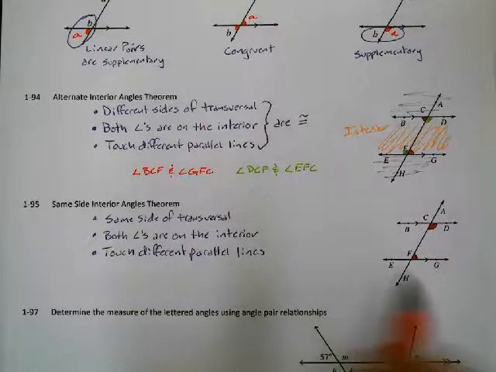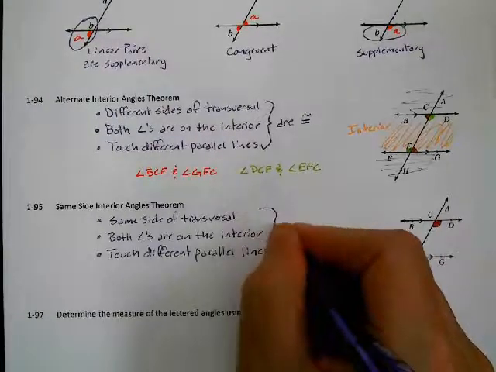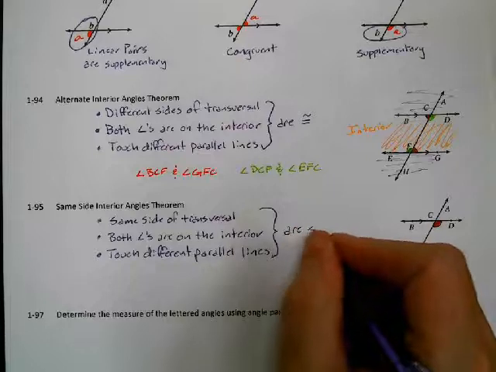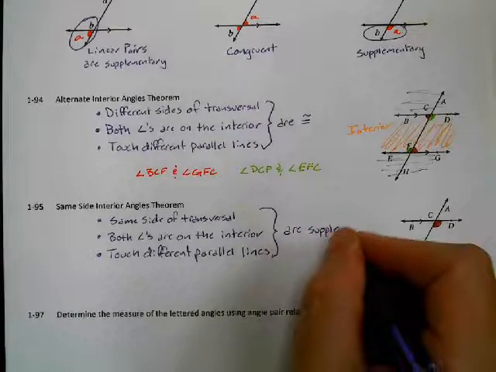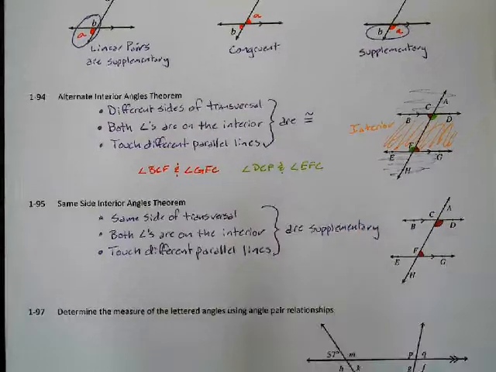The thing we need to remember about same side interior angles is that these are supplementary. And remember, supplementary means that they're going to add up to 180 degrees. Now there is one other pair, but let's write down this pair that we have so far.